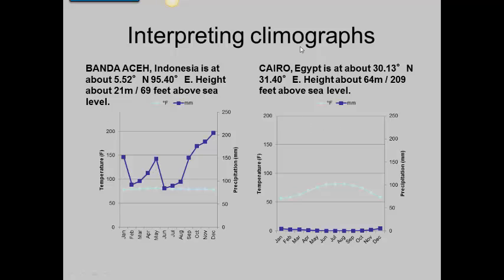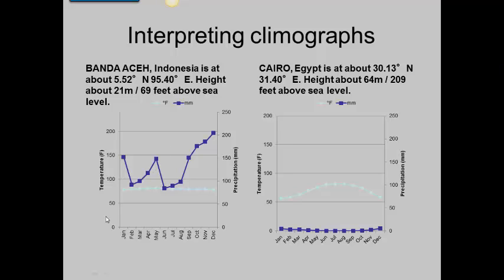The second climograph is from Cairo, Egypt, which is located at about 30 degrees north latitude and also pretty close to sea level. What we see here is huge differences in the amount of precipitation.